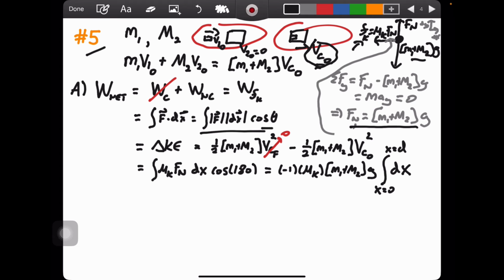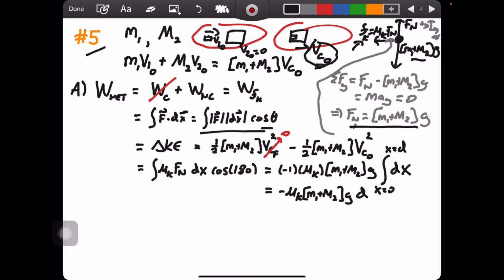If you can imagine, the integral of dx is just x, and I would evaluate it from x equals d to x equals 0. So this is just going to be minus mu k, right? I just have the -1, mu k, mass of the bullet, mass of the block, g, and then d.